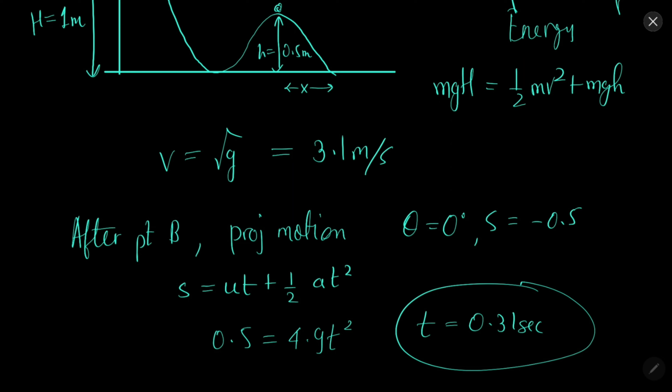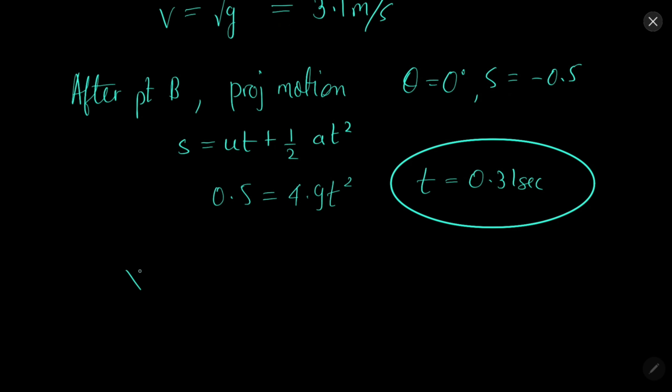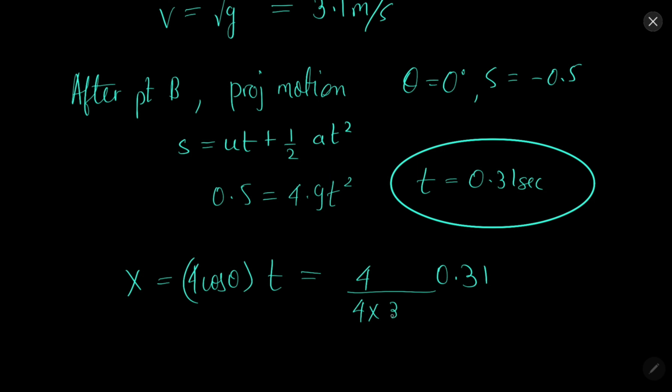So x equals 4 cos theta into t, 3.1 into 0.31, so it will be 1 meter.